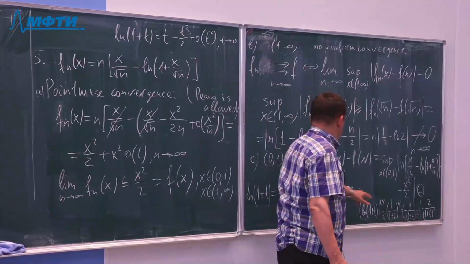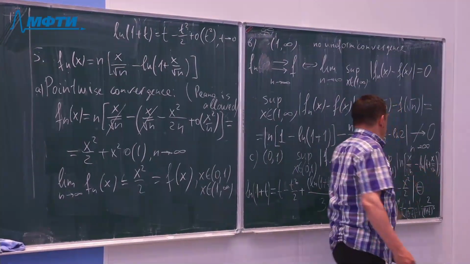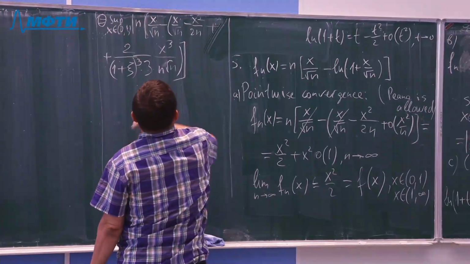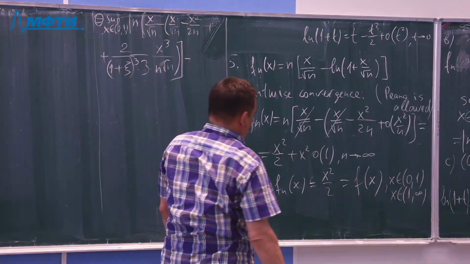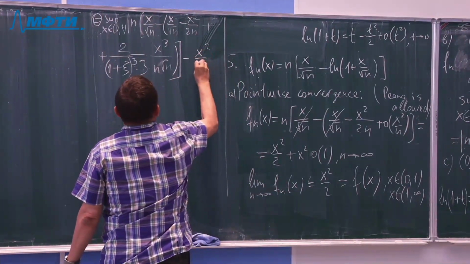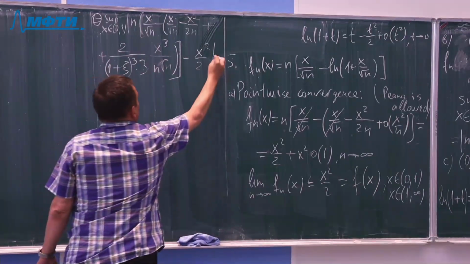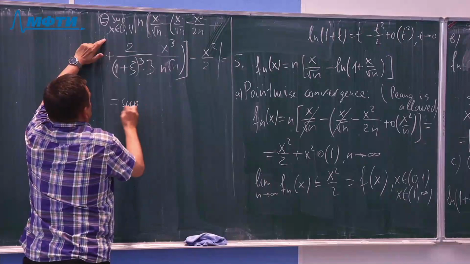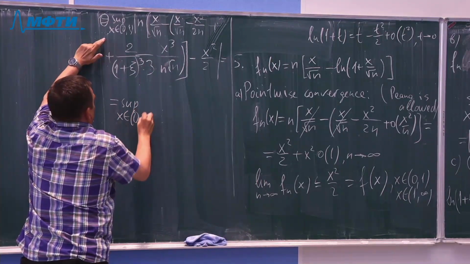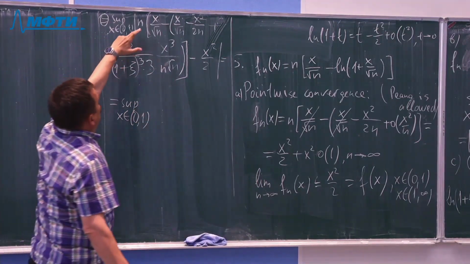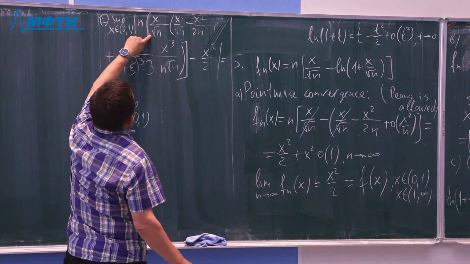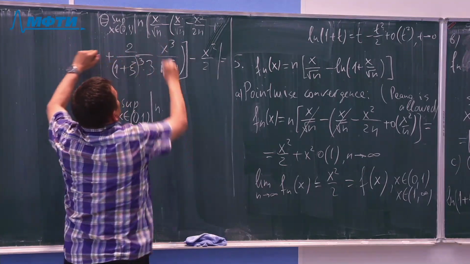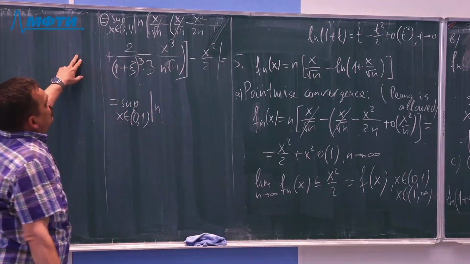Okay, that is what I rewrote, those square brackets. Square brackets should be closed. And then minus f of x, which is x squared over 2, modulus. Let me compute what we have here, the supremum over x in 0, 1, right? Modulus n times, in brackets, you see x over square root of n is cancelled.